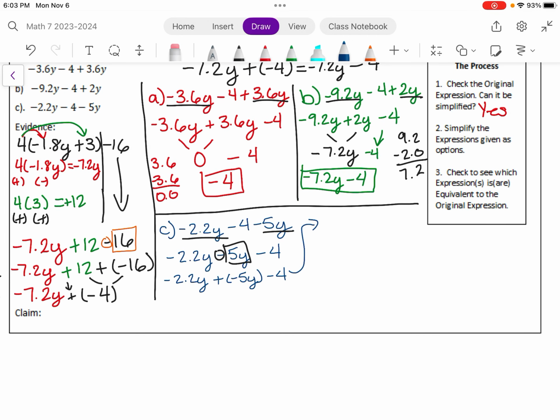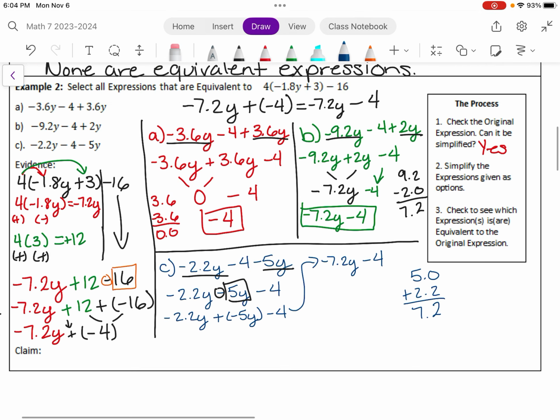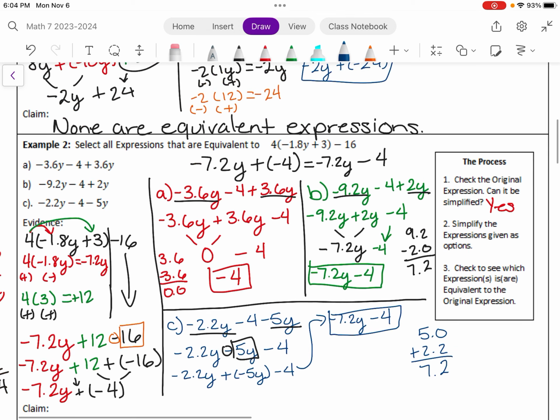So I have a negative and a negative, which tells me I'm going to add. So 5.0 plus 2.2. Remember, we're adding, so our decimal points do have to line up. Okay. So in this case, I have 0 plus 2, which is 2. 5 plus 2 is 7. And bring down my decimal point. Okay. And they're both negative, so this makes it a negative 7.2y minus 4. There you go.